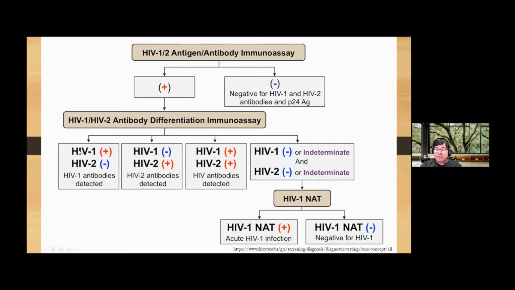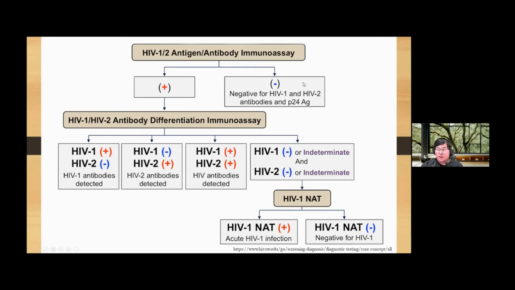So, whether it's HIV-1, HIV-2, or HIV-1 and 2, or maybe both are negative and both are indeterminate, in which case we would go down to the nucleic acid testing for HIV-1 but not HIV-2, and we'll talk about that towards the end, why we don't do HIV-2 testing.